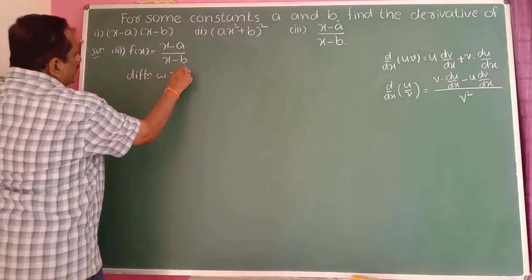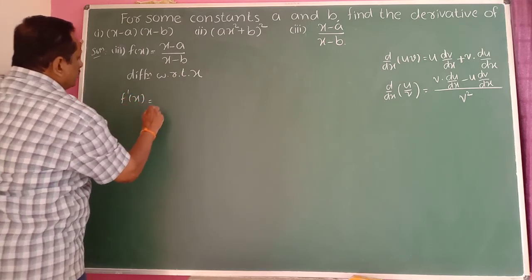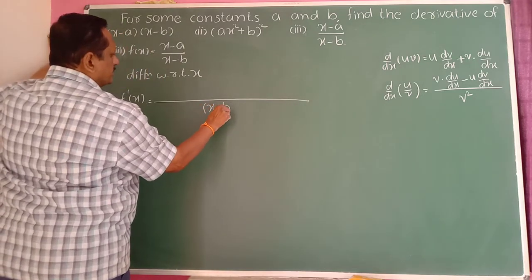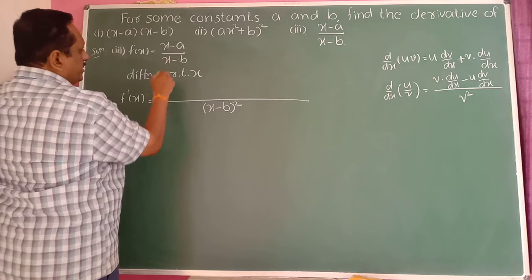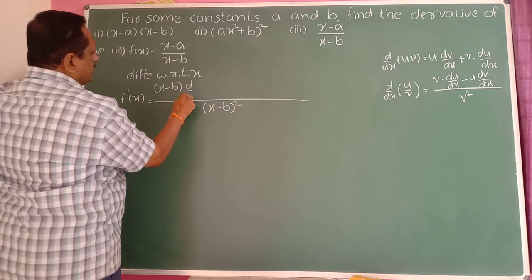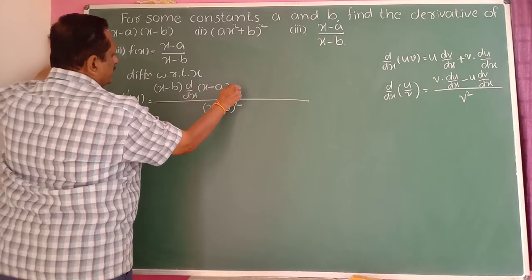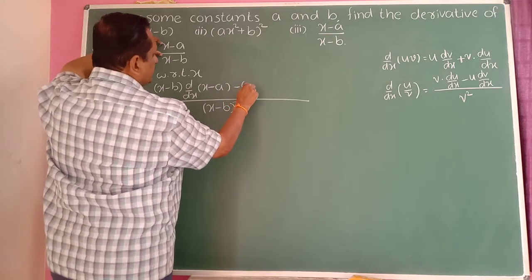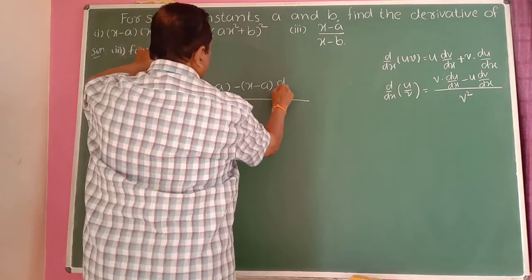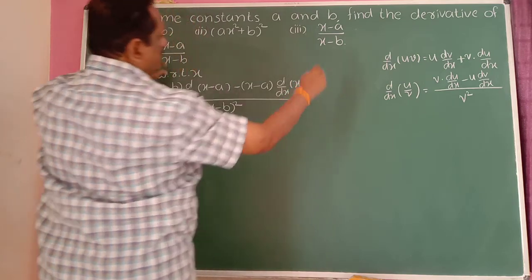Differentiating with respect to x here. So f'(x) is equal to denominator term squared, (x − b)². Then the denominator (x − b) into differentiation of (x − a), minus of (x − a) as it is here into differentiation of the denominator, d/dx of (x − b).